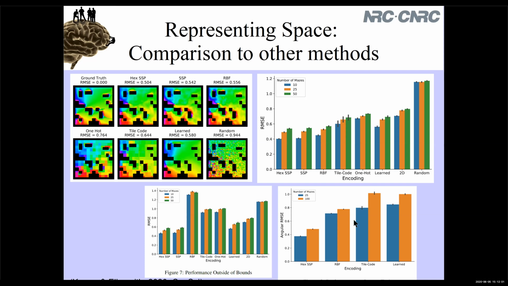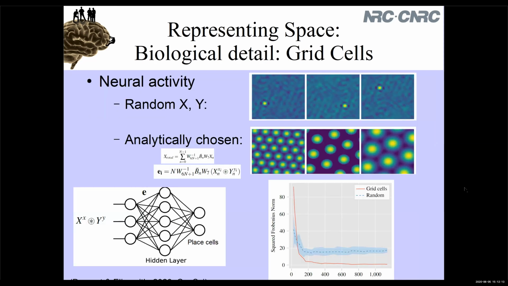And then also as you scale the task up to larger and larger, the spatial semantic pointers, the things that I've been talking about, stay with much better accuracy than the other methods. And the final thing on these spatial representations: there's lots of people who get really excited about spatial representation in the brain and this whole idea of grid cells.